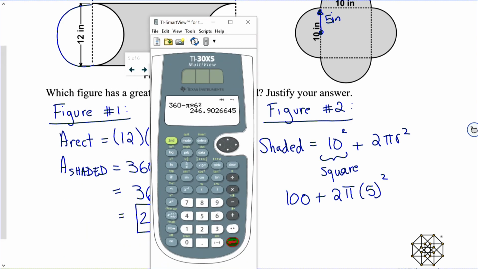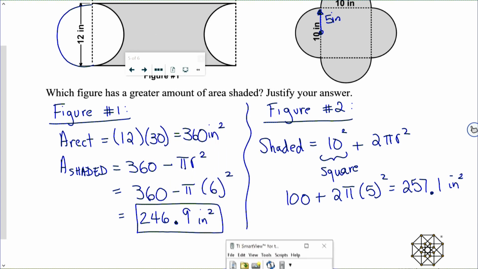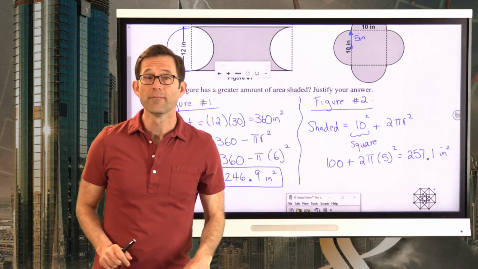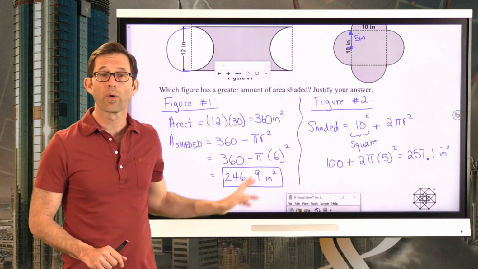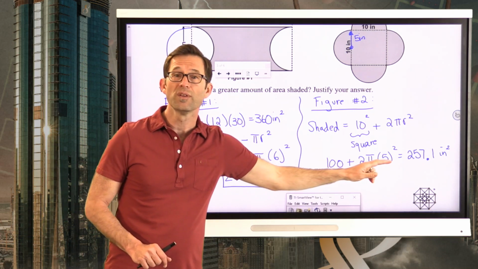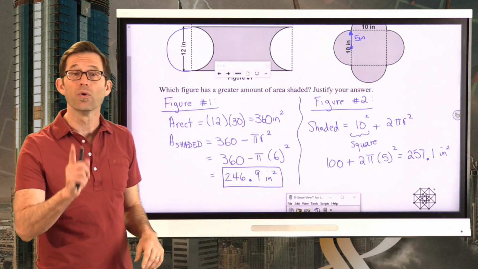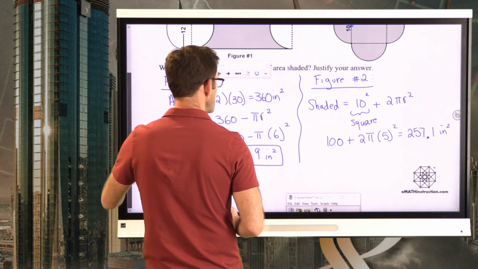We'll let our calculator do that. 100 plus 2 pi times 5 squared gives me, oh, this is a close one, 257.1 square inches. Let me get this out of the way. Close call, right? We have 246.9 square inches for figure 1, 257.1 square inches for figure 2, so figure 2 has the greater shaded area.